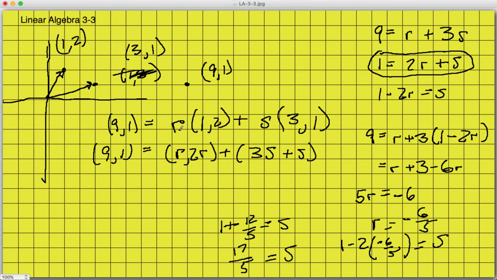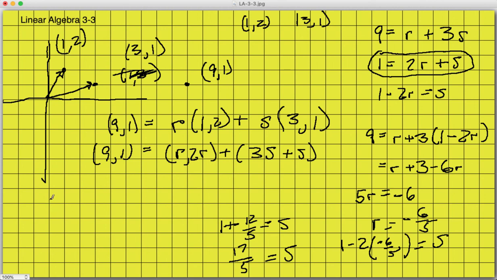And what I've done over here is I've expressed this vector here as a linear combination of these two right over here. So the point that I'm trying to make is that there isn't a unique basis for any vector space. There are, in fact, many, many different bases for it. And what we've shown over here is that 1, 2 and 3, 1 can also be used to generate any vector in the vector space R2.